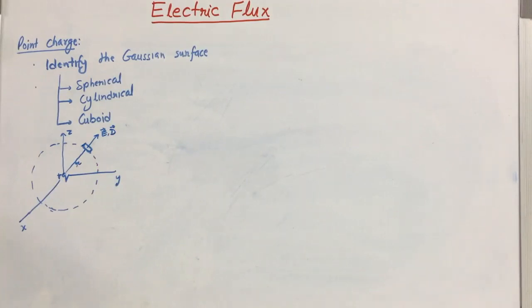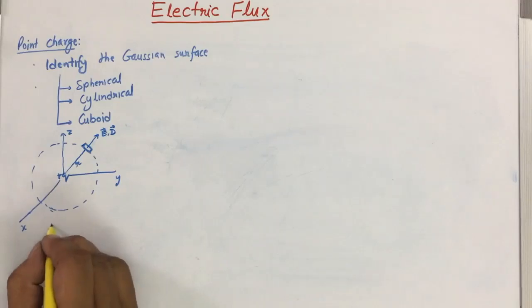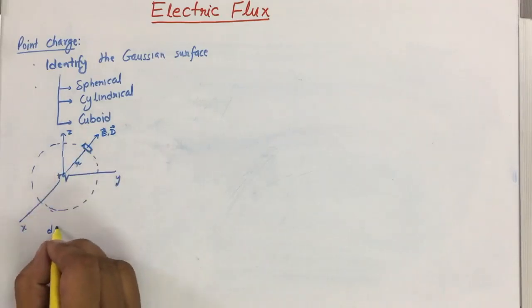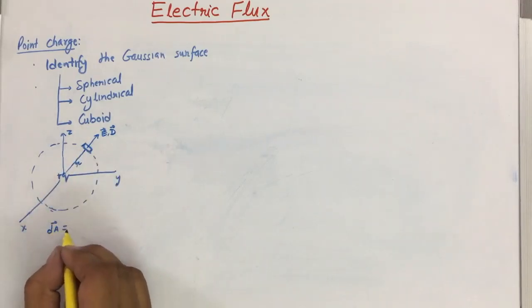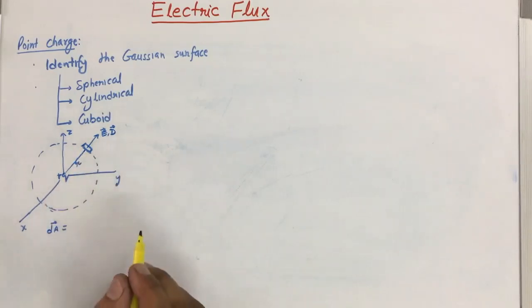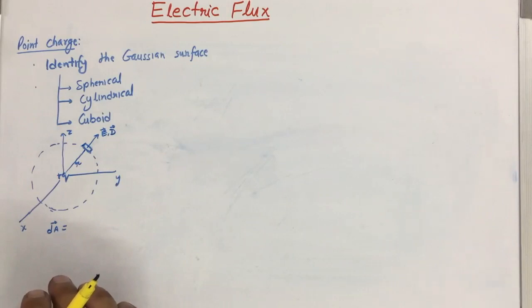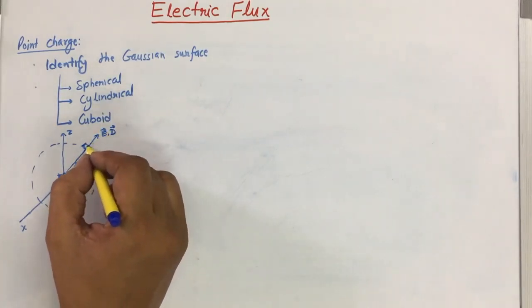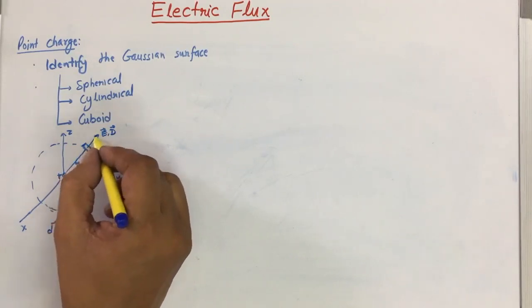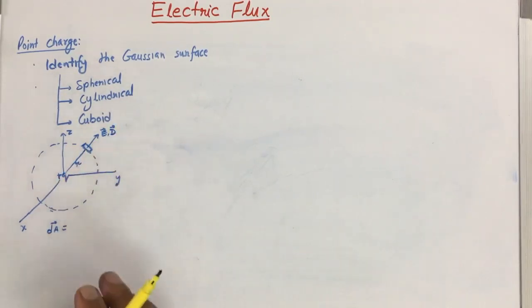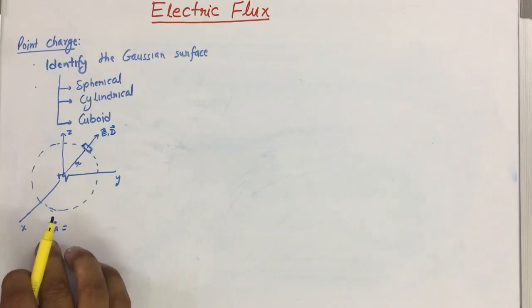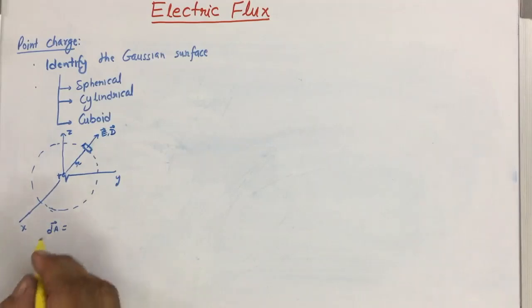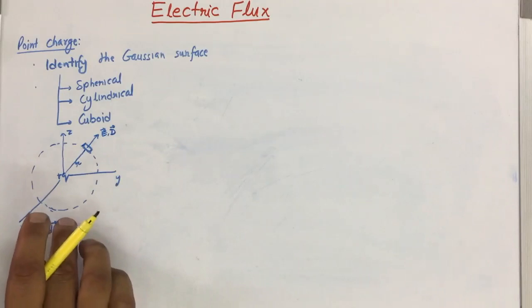To apply the Gauss theorem, first of all we should find the area of this. So what area can it have? This is spherical, so to find the area vector in the direction of the radial vector, to find dS, or dA, we should write dl first.